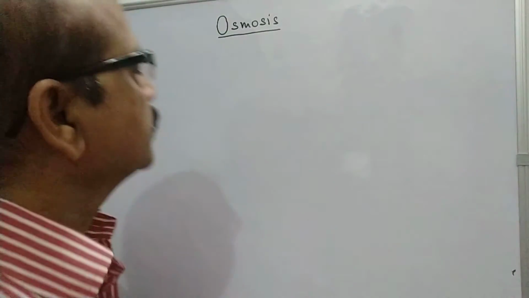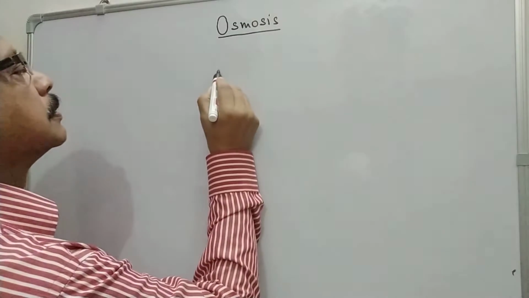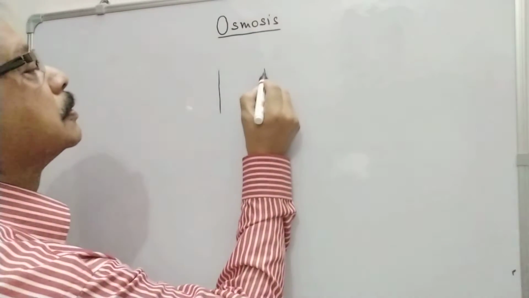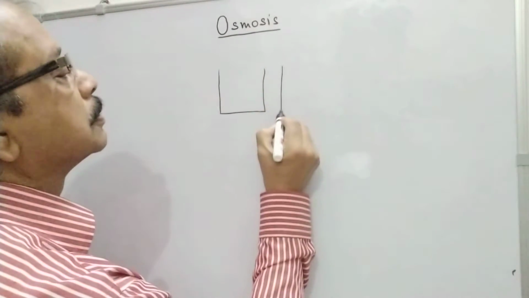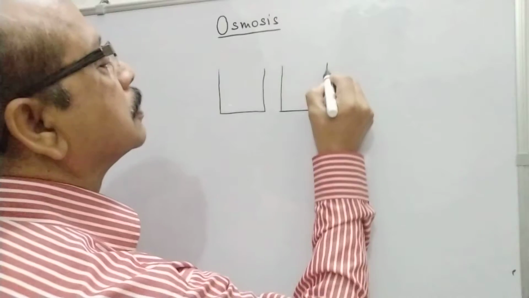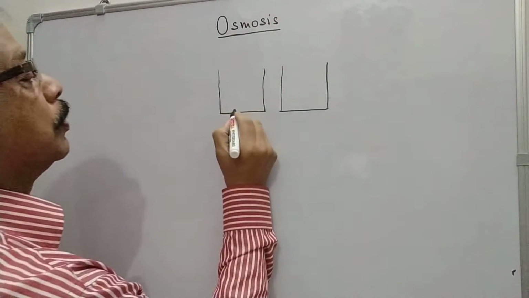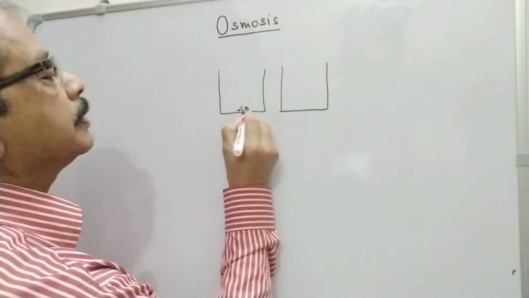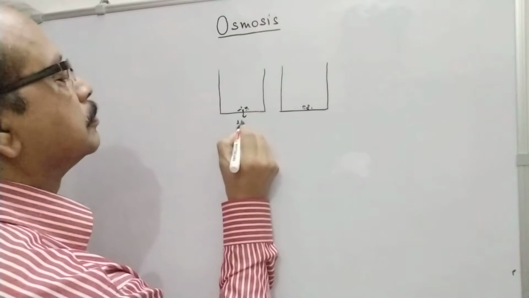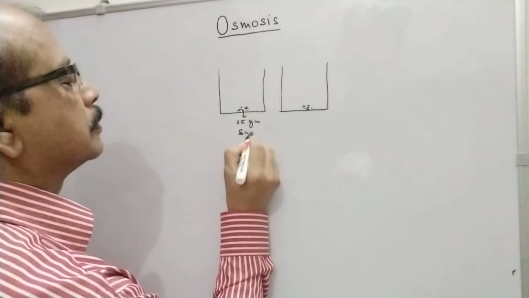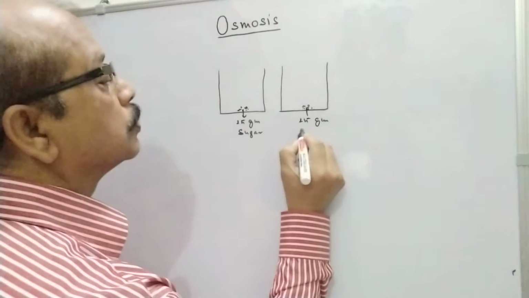To understand this, first we will have two beakers, having 25 gram of sugar in each beaker. 25 gram sugar. Here also 25 gram sugar.